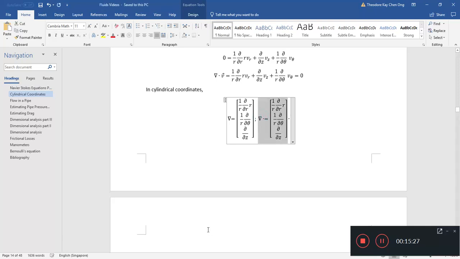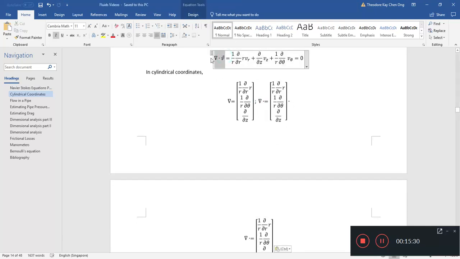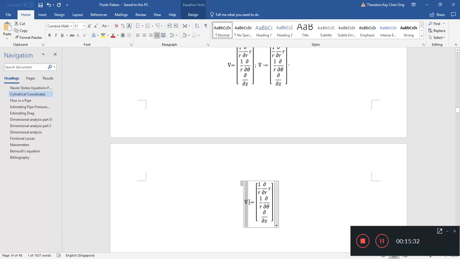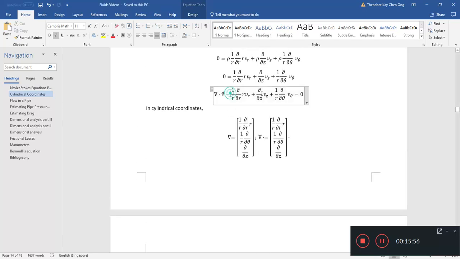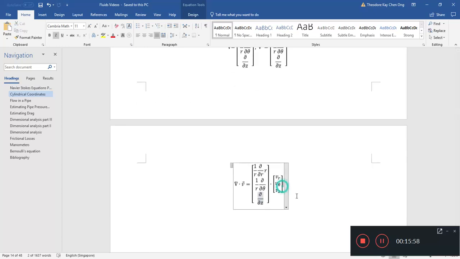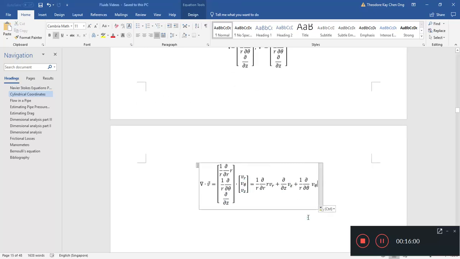Just to show the derivation, the first one is v_r, v_theta. I just press enter, and that will help me get this kind of vector form, v_z. So this is the divergence operator in cylindrical coordinates.